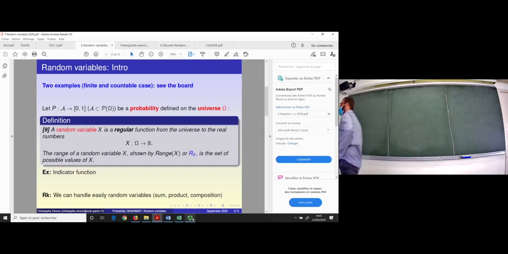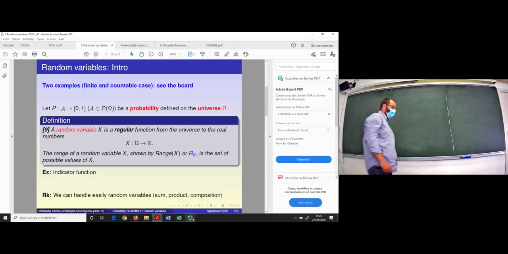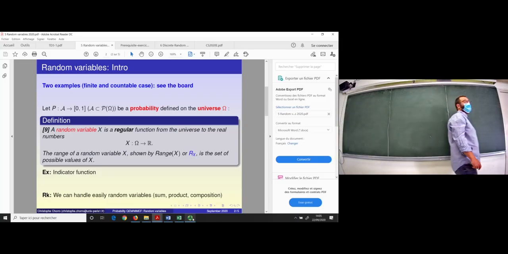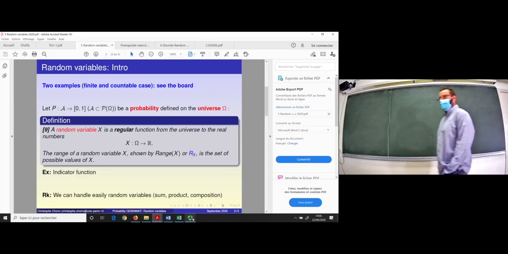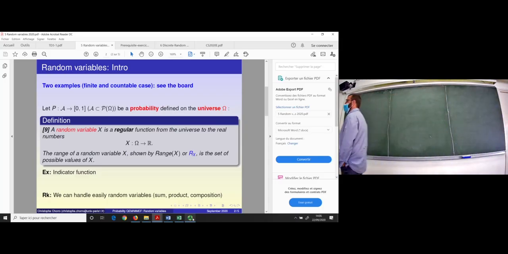What is the meaning of this "regular"? In this course, since I have decided not to speak about sigma algebras, and so not to speak about the nature of this calligraphic A here, regular will mean for you everybody. So any mapping will be a random variable. But just keep in mind that you will have to be in this situation.